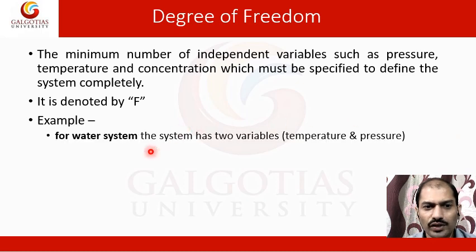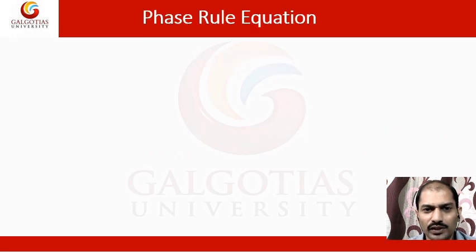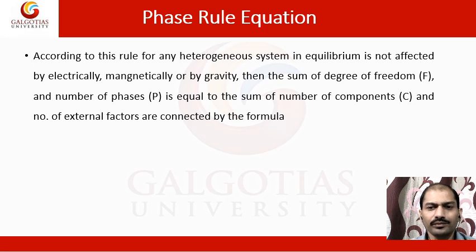So for a water system, the system has two variables, temperature and pressure. With these variables you can see different kinds of changes from one phase to another phase. Now the phase rule equation.